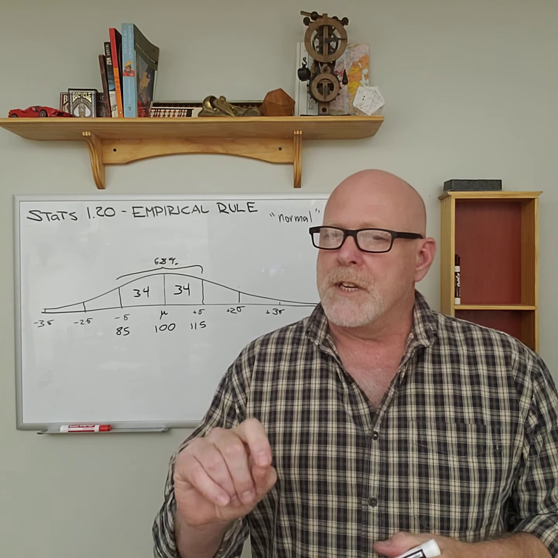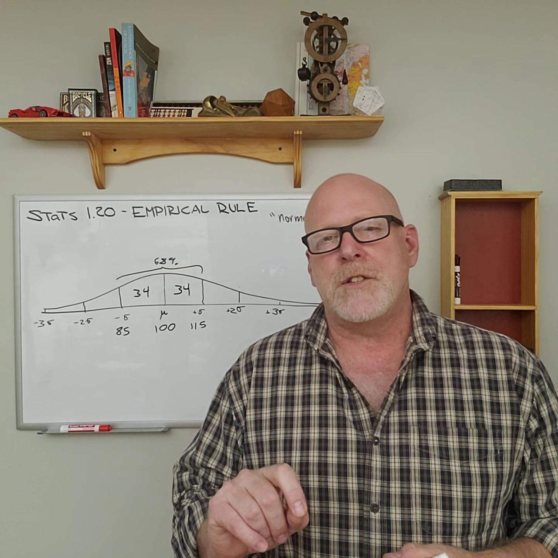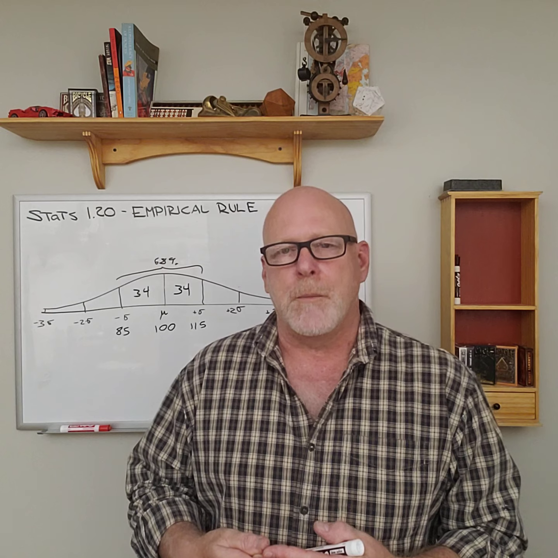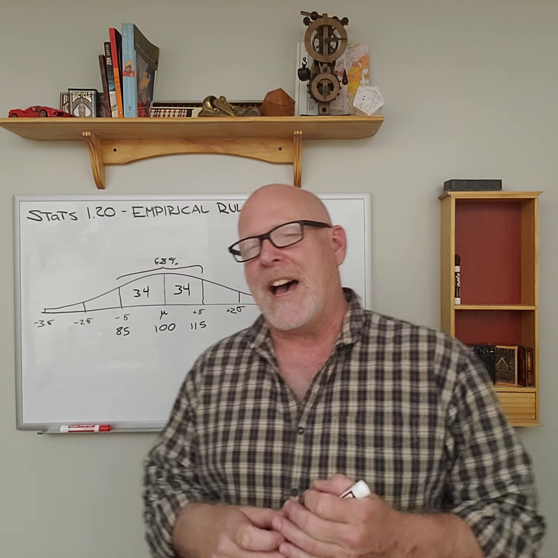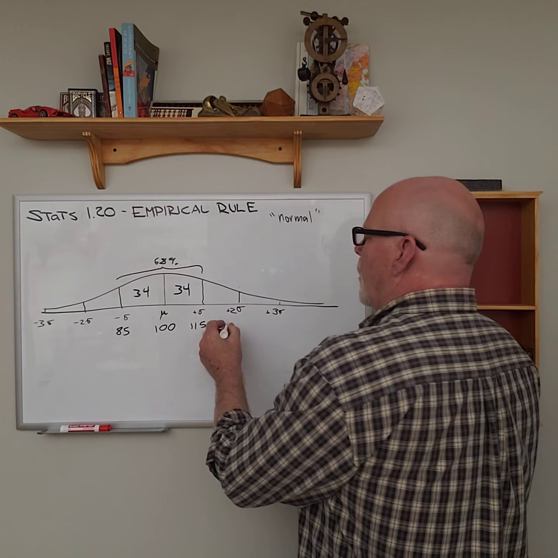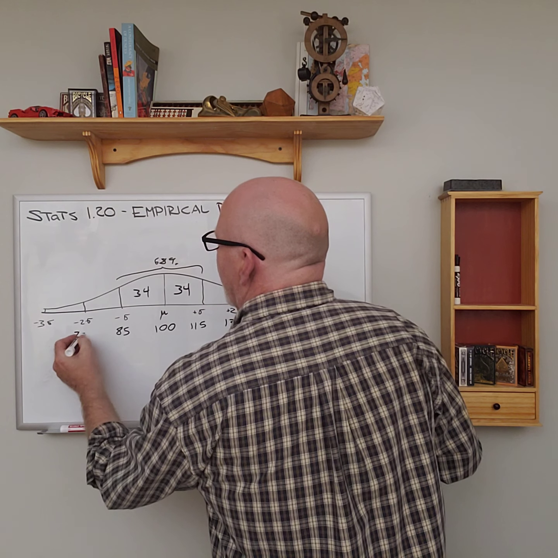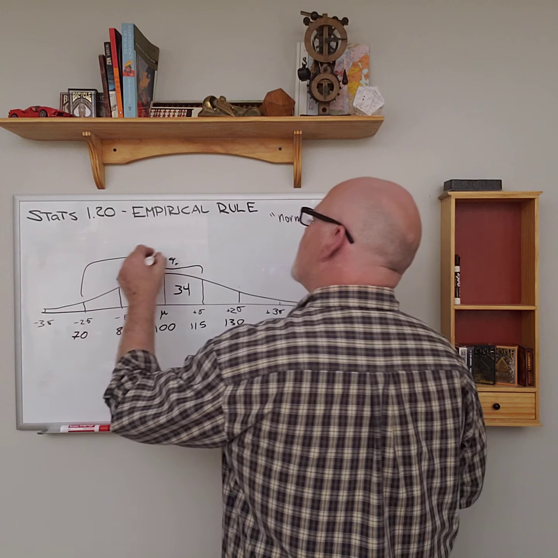Okay, that's part 1. 68% fall within 1 standard deviation of the mean. Part 2, if we go out 2 standard deviations from the mean, we're going to catch 95% of the population. Or 95% of the population fall within 2 standard deviations of the mean.